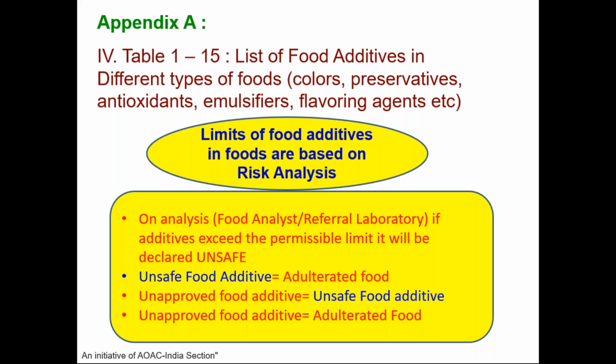If the food analyst, whether in the state laboratory or in the referral food laboratory, analyzes the levels of the additive and the additive is found to exceed the permissible limit, the food will be declared unsafe. The penalty for unsafe food will have to be paid by the FBO. So an unsafe food additive is equal to adulterated food, and an unapproved food additive is equal to an unsafe food additive. An unapproved food additive is also equivalent to adulterated food.